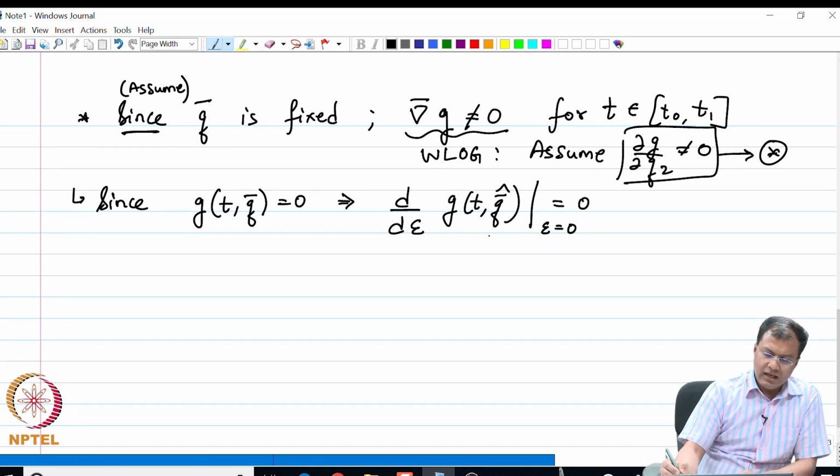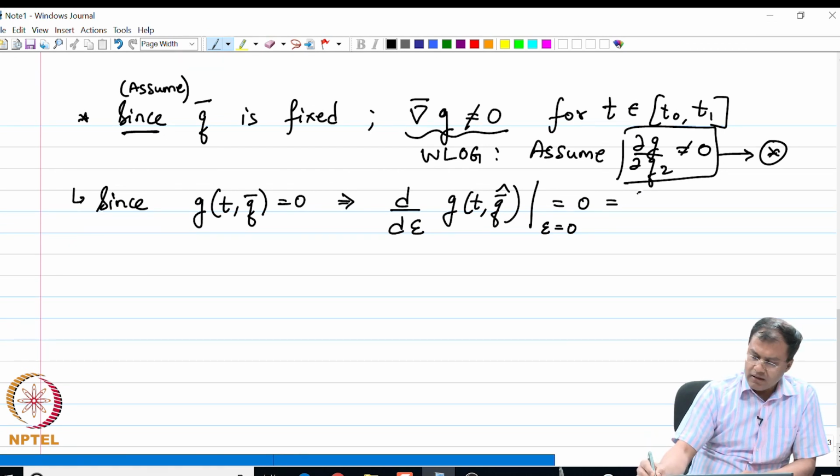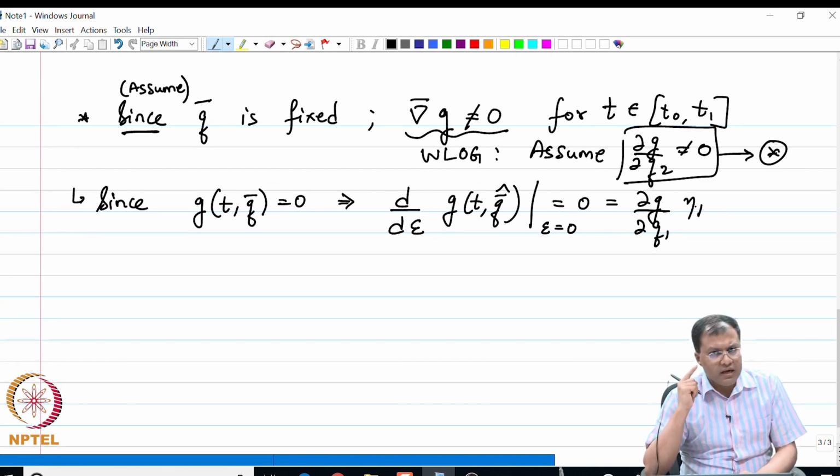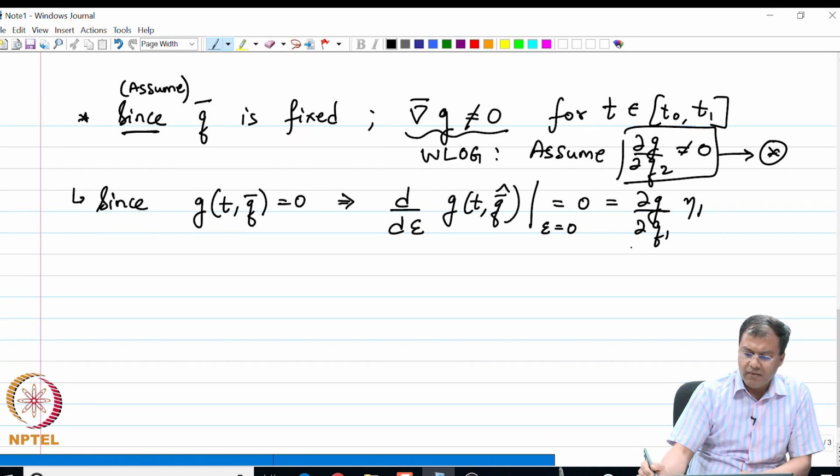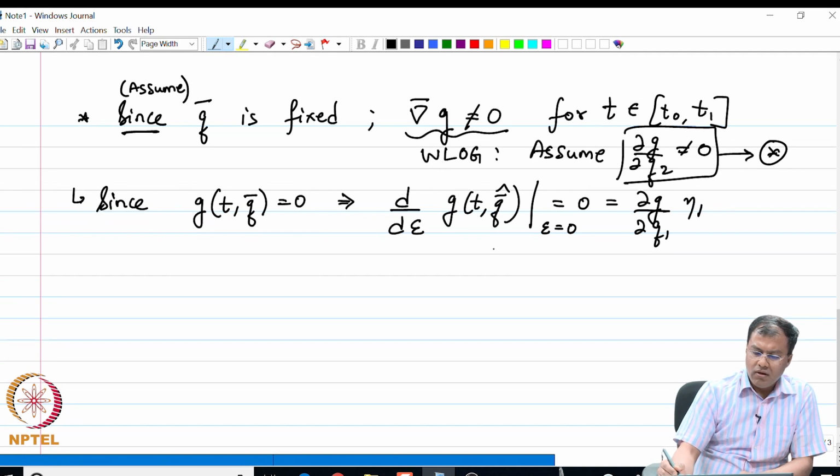But this quantity is nothing but the following, coming via the chain rule: del g del q1 times eta 1. Well, there is absolutely nothing new in this exercise. We have done it in fact more than once to come out with the necessary condition for the extremal, once in finite dimensional calculus and another time when we were discussing the isoperimetric constraint. So, we are doing a similar exercise for the non-holonomic constraint.